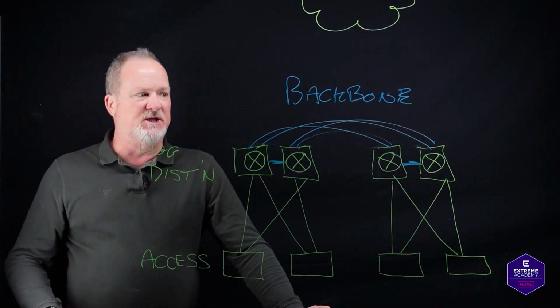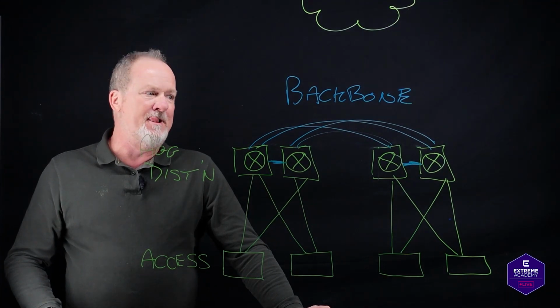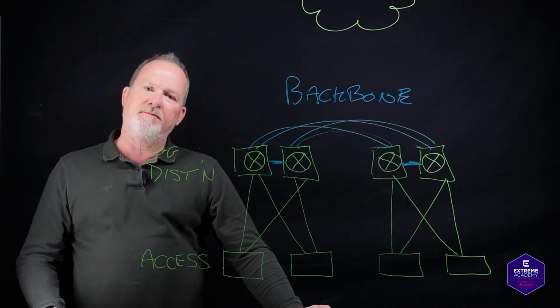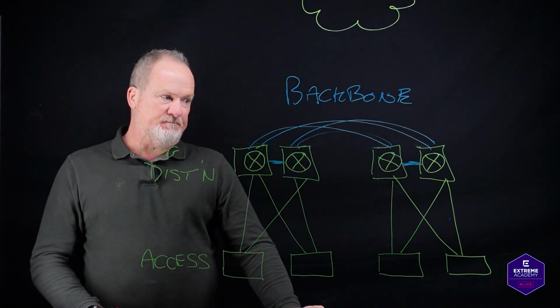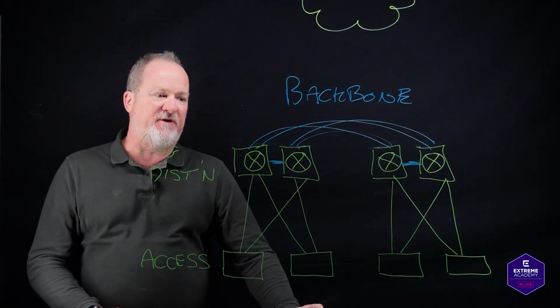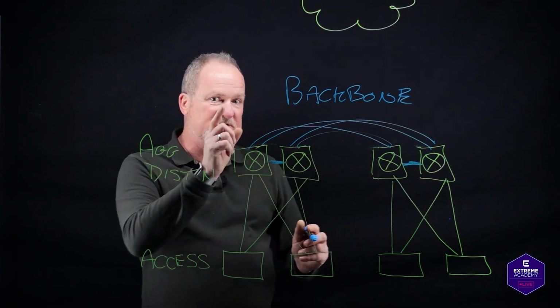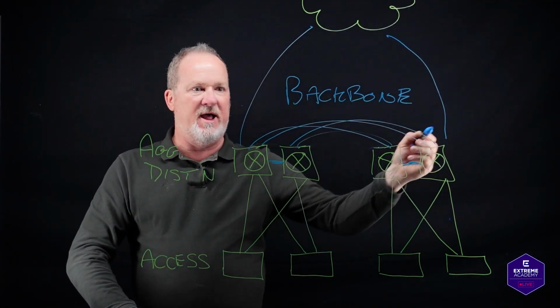Yes, you're compromising in terms of redundancy, possibly compromising in terms of performance. But then again, it's aimed at a different market. This is aimed at the mid-market or the smaller enterprise. The performance of that backbone is still all about getting traffic from one building block to another building block and potentially also out to the WAN.